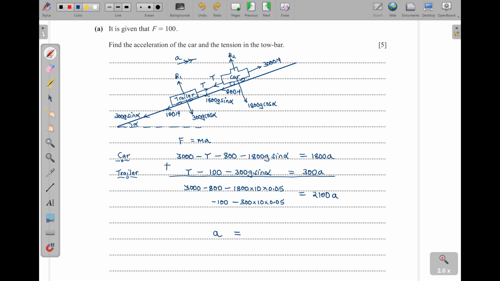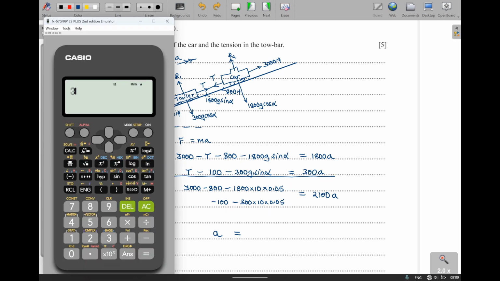So what do we get here? 3,000 minus 800 minus 1800 times 10 times 0.05, then minus 100 minus 300 times, of course, 10 times 0.05.